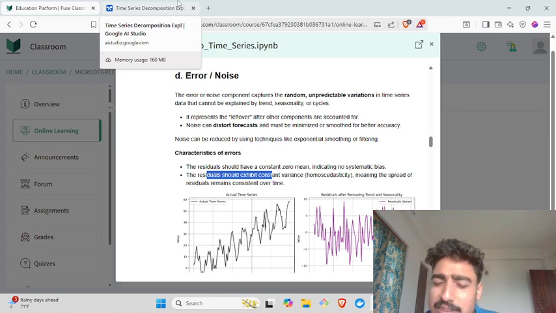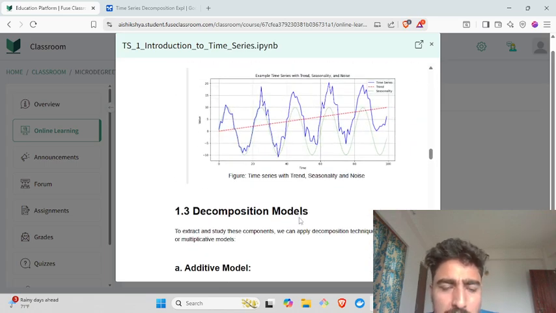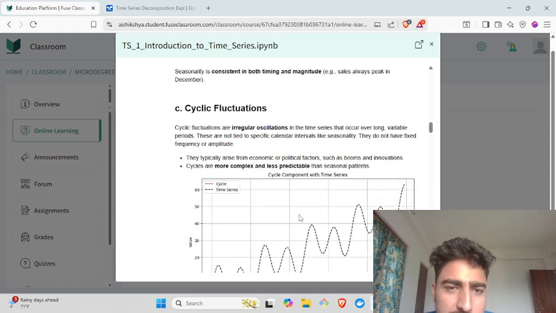The characteristic of error is that it should have a constant, zero mean, indicating no systematic bias. The residual should exhibit constant variance, meaning the spread of the residual remains constant over time. That's what the characteristics of noise actually are.